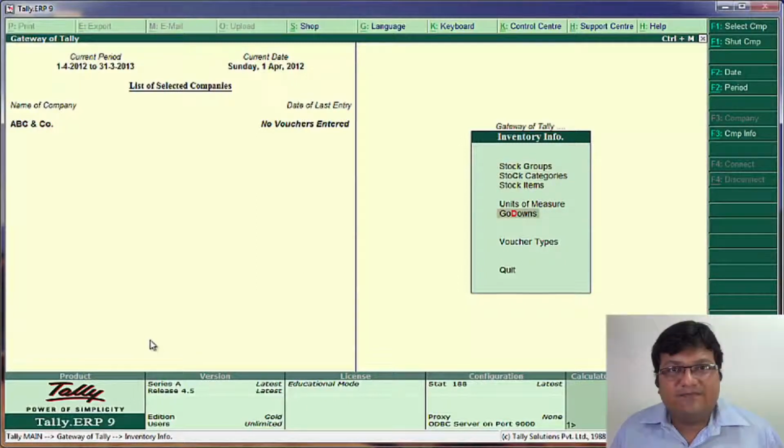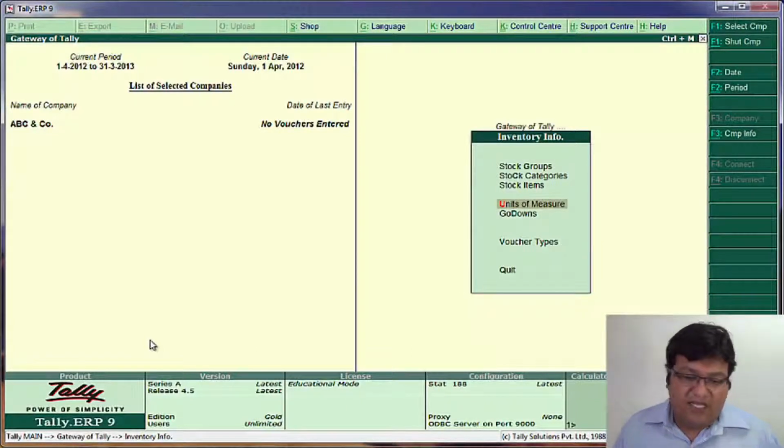Unit of measures. Well, there are different units of measure that we have for each stock item. Like cloth may be measured in meters or thans. Milk, as we discussed, would be in liters or milliliters, right? You may have metals in weights like in kgs or tons, right?